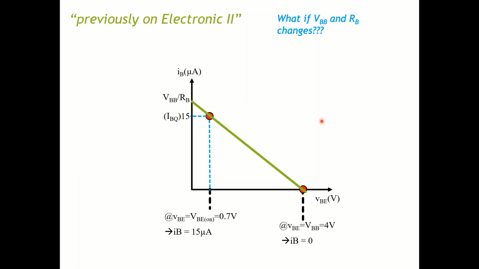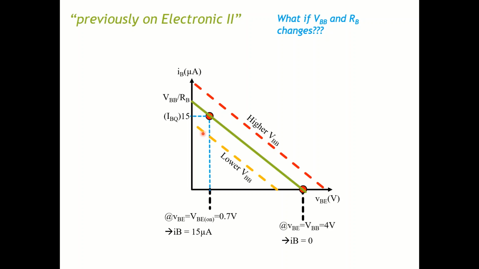So what happens if you change the value of VBB, the base voltage, and the base resistance RB? I just copy and paste the load line here. Technically, if you have a higher VBB, the line will be shifted up like this, and if you have a lower VBB, it will be shifted down like this.